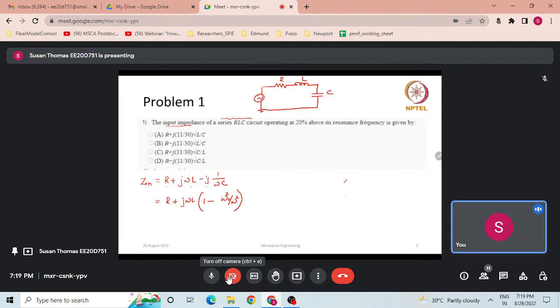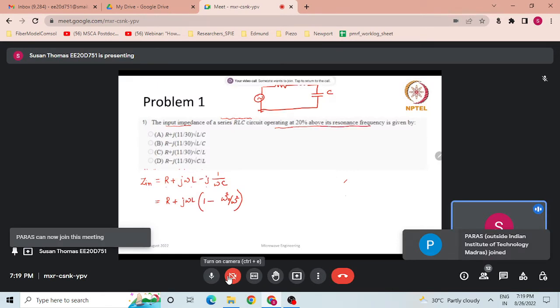Now omega naught is the resonant frequency and omega is the operating frequency. Here the question is about a series RLC network operating at 20% above resonant frequency.